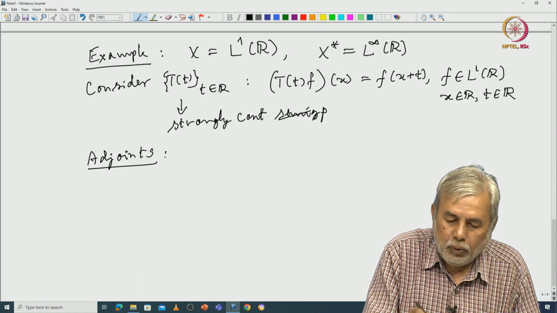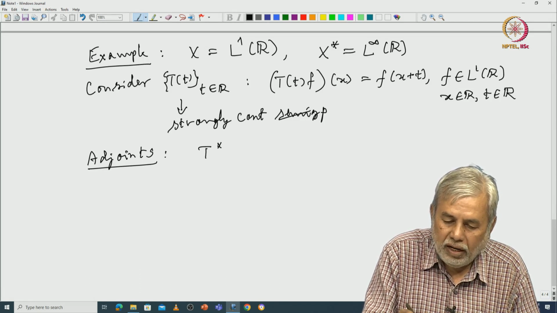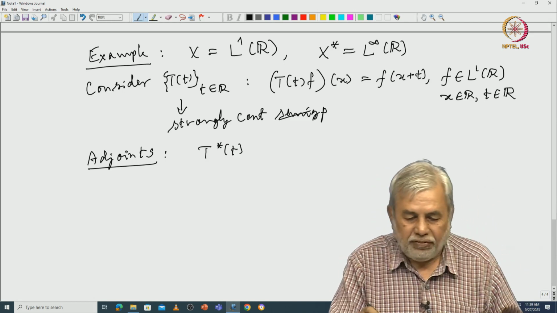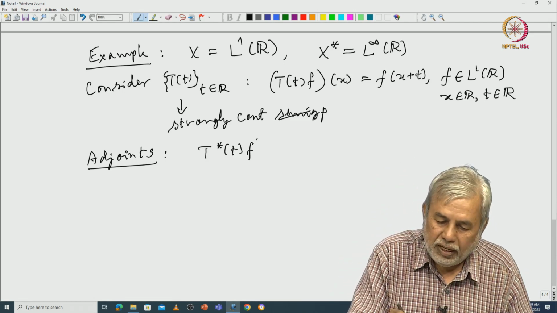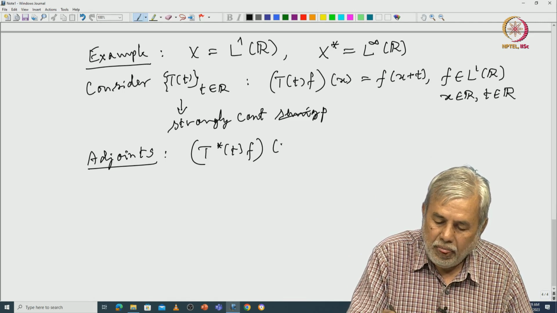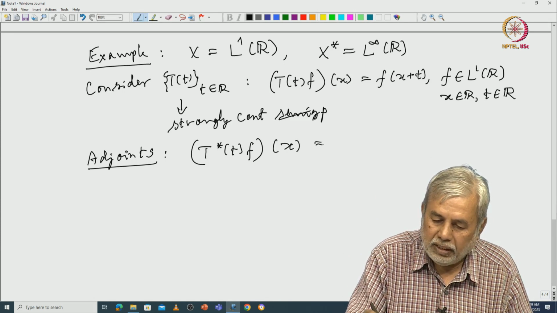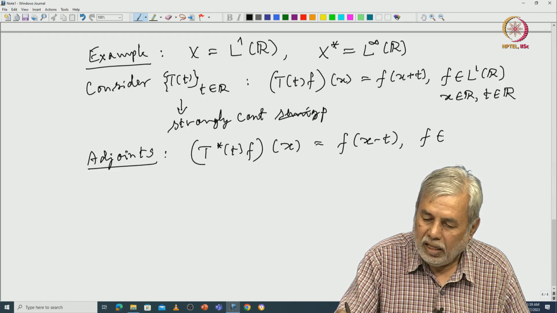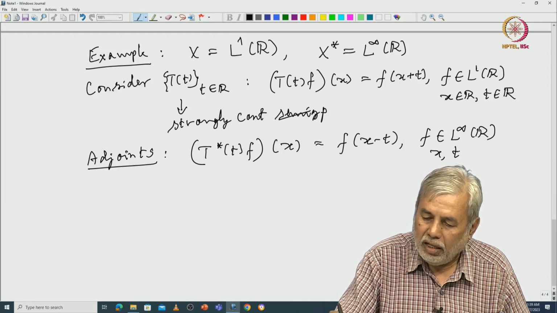Adjoints now are defined on x star, that is L infinity R. So you can easily check that this is just f of x minus t. Okay, so this f is in L infinity R and x, t are in R.